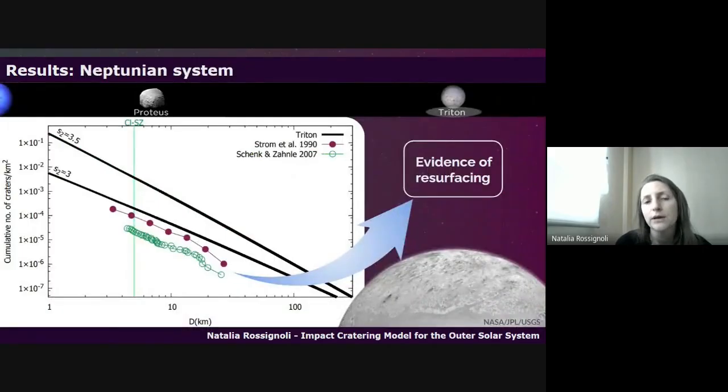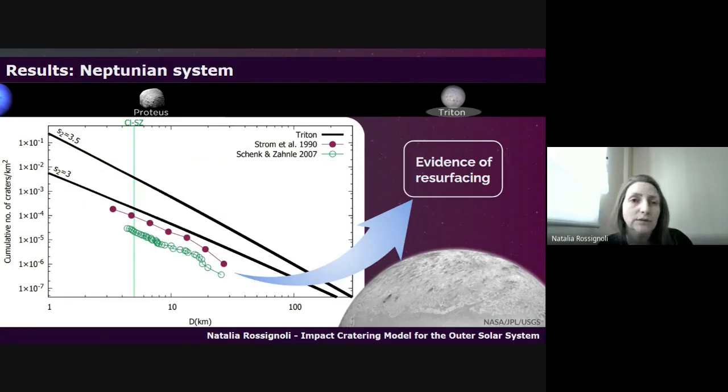And last, for the Neptunian system, we were not able to compare our results with crater counts on Proteus because Proteus was imaged by Voyager 2, but with very low resolution that prevented crater counts from being obtained from this satellite.